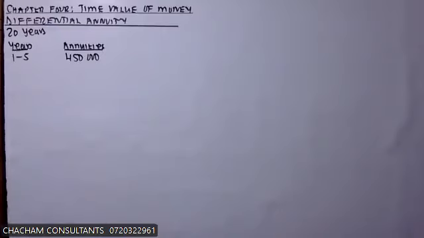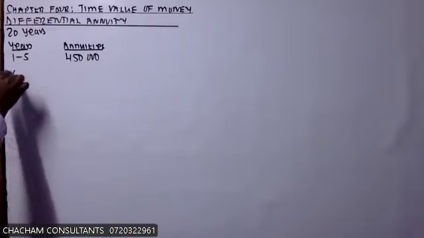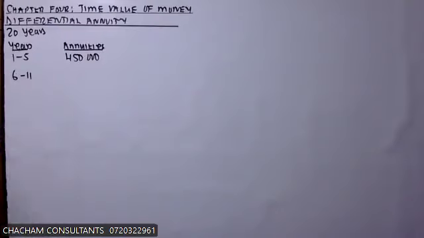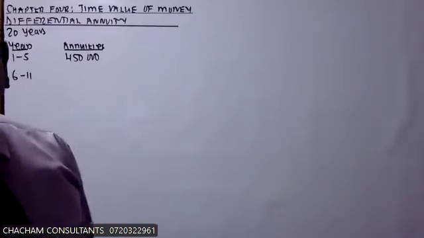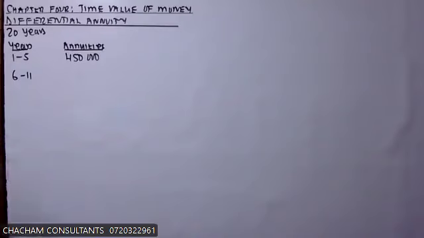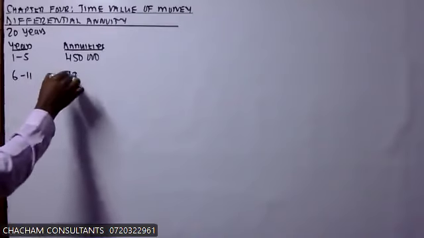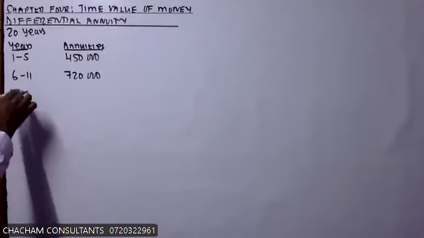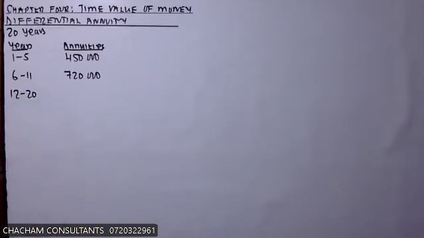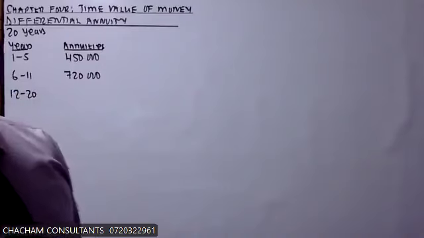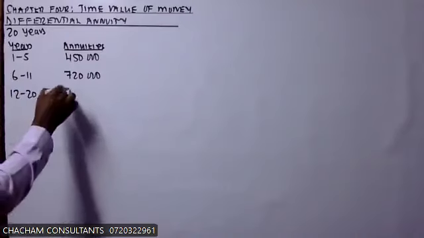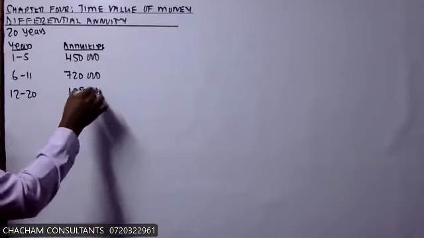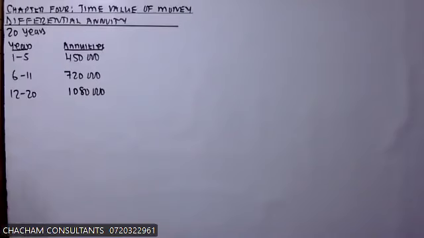Then from year 6 to 11, we have 720,000. And then from year 12 to 20, we have 1,080,000.